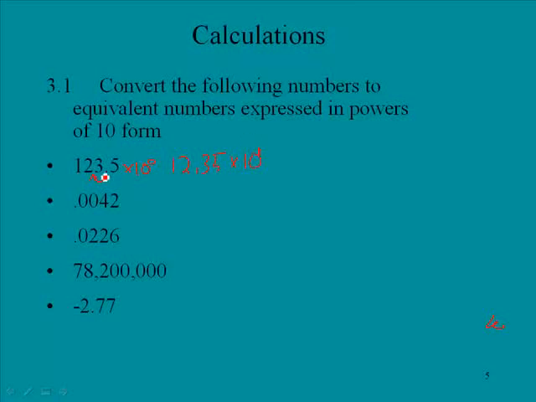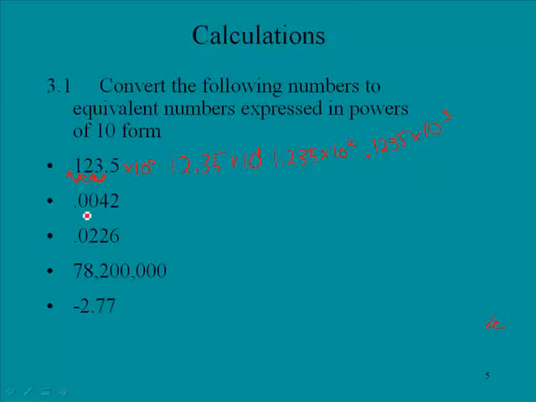If we had moved the decimal point 2 places, then it would have been 1.235 times 10 to the second power. And if we'd moved it 3 places over to here, it would have been 0.1235 times 10 to the third. And all of these are representative of the same value.